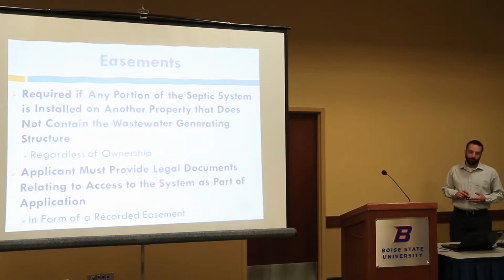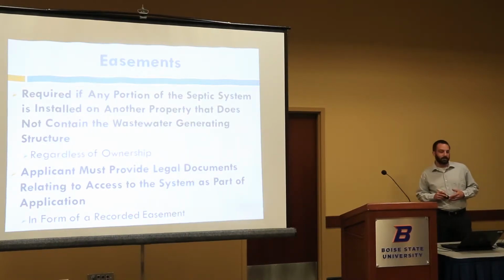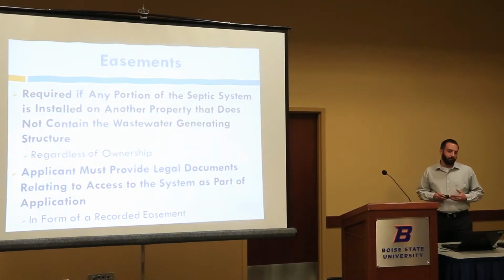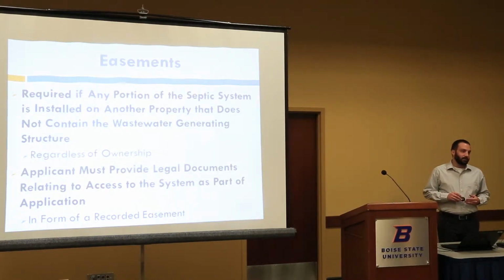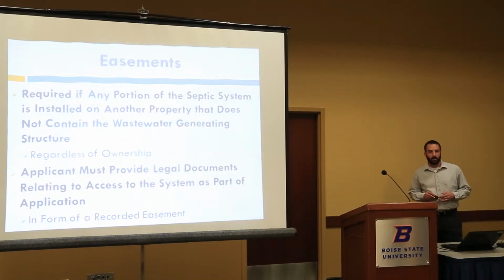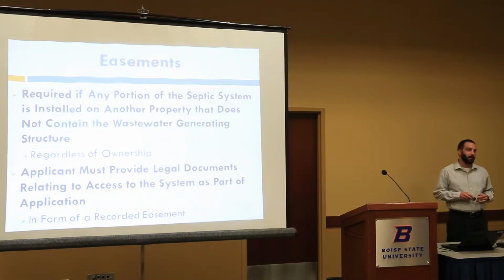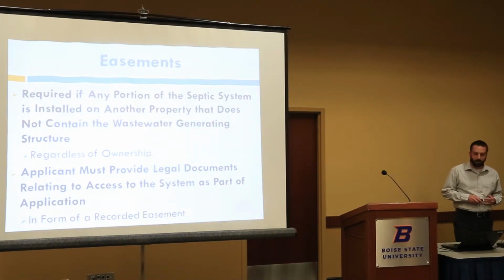So to get an easement, that's the applicant's responsibility. They need to provide legal documents that relate to the access to that particular system on the neighboring parcel. That comes in as part of the application, and that's what the easement accomplishes. It provides that legal access and restricts some activities related to that area of land.